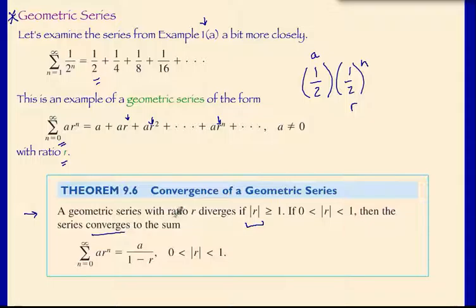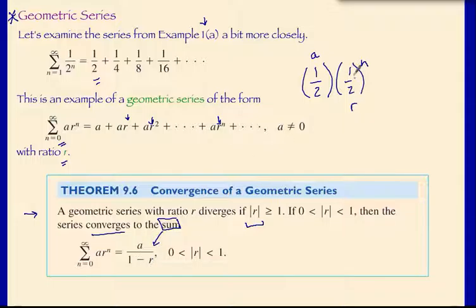Not only that, but to the sum A over 1 minus R. So if you recognize that a series is geometric, identify what A and R are. If R is between 0 and 1, it converges, and the sum is A over 1 minus R.